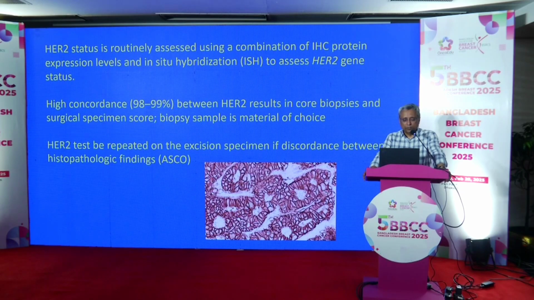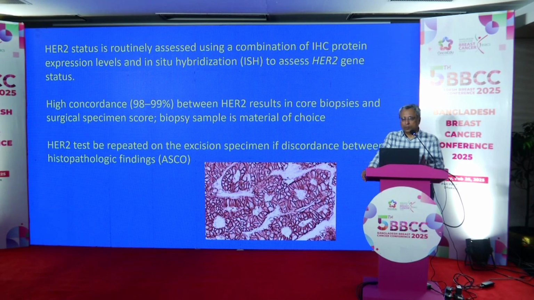Okay, so finally HER2. HER2 has lately been very popular for many reasons. We'll discuss that later. So HER2, usually we do this on core biopsies, like the ER, PR, and if you have equivocal testing, then of course you can do FISH.